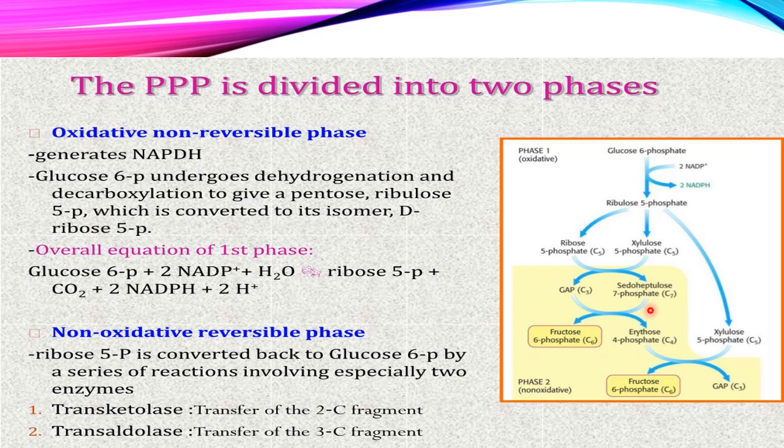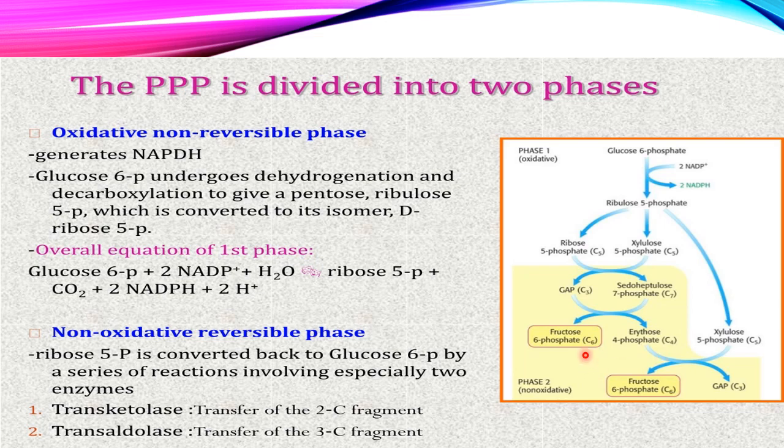Transaldolase is acting here. It is removing a C3 carbon fragment from the C7. So it is attaching to this C3 and it is becoming fructose C6, so a 6 carbon compound. C3 plus 3 is a 6 carbon compound. Now from C7, 3 carbons are lost. C7 minus 3 is a C4 carbon compound. Okay, so we have got a C6 carbon compound and a C4 carbon compound.